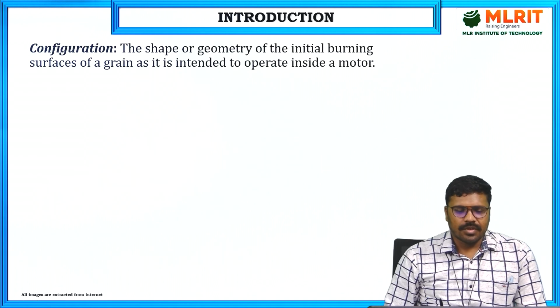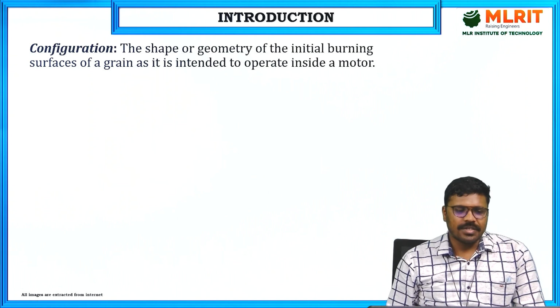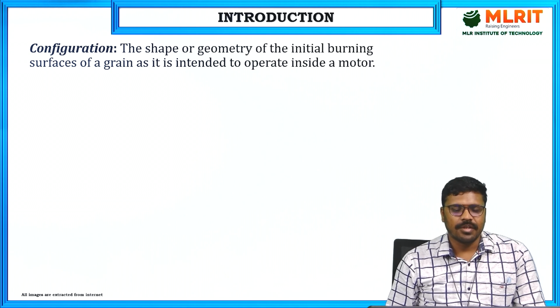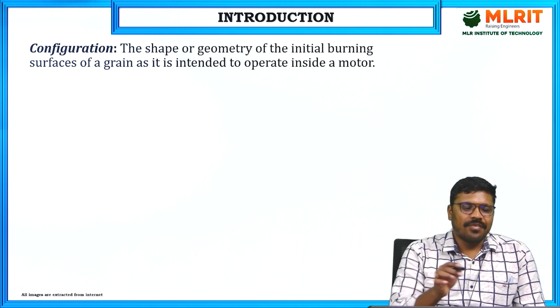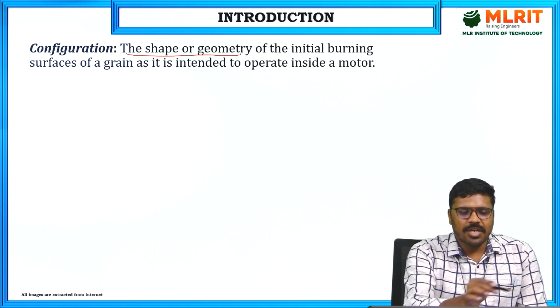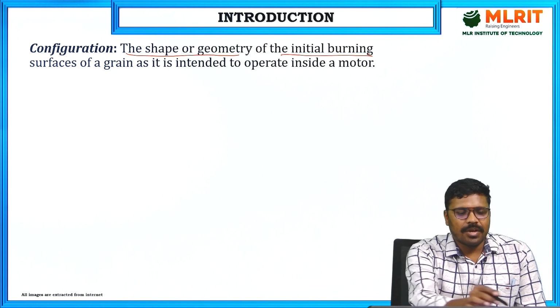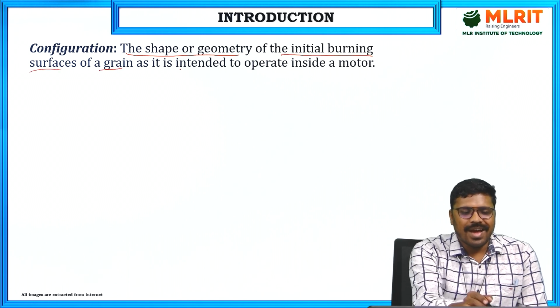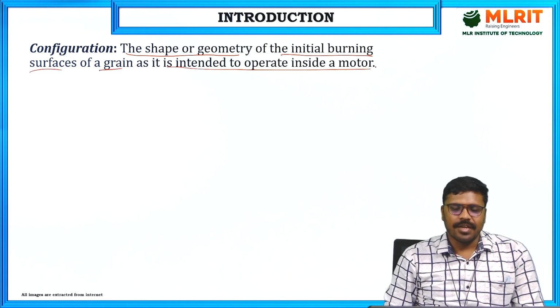Configuration, different nomenclature. What is configuration? Coming to solid propellant motors, configuration means the shape of the geometry of the initial burning surface of a grain as it is intended to operate inside a motor.